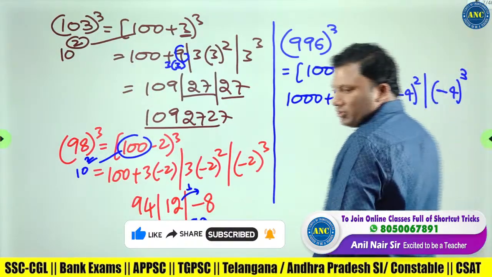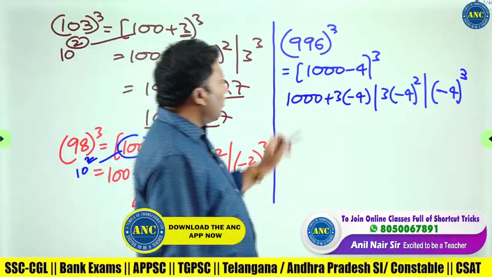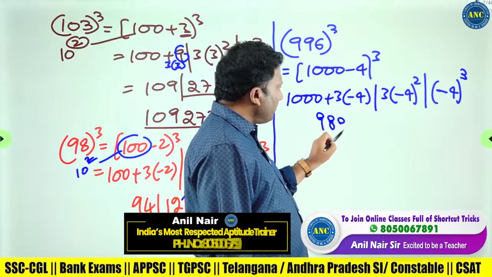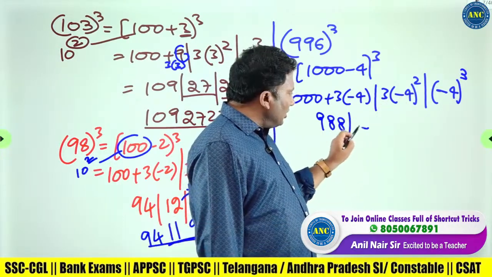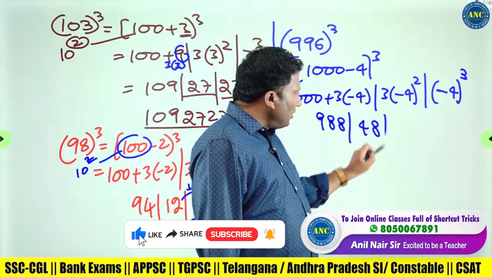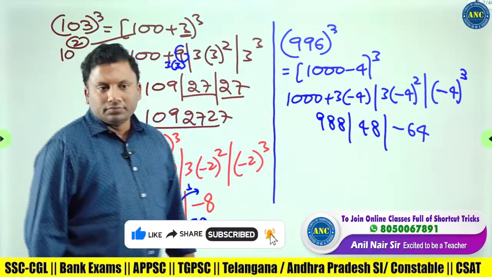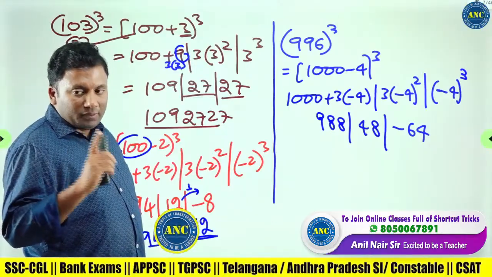Till here, any doubts? Okay. Now, 1000 minus 12 is 988. Minus 4 whole square, 16. 16 3s are 48. Minus 4 cube is minus 64. Last class I told you, squares and cubes you need to remember.